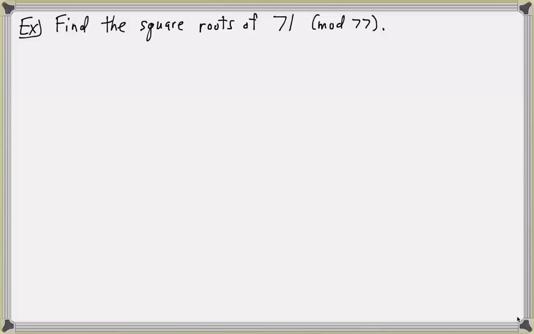What we need to do is to solve the congruence x squared congruent to 71 mod 77. We're going to solve the congruence with a smaller modulus, because 77 is 7 times 11.